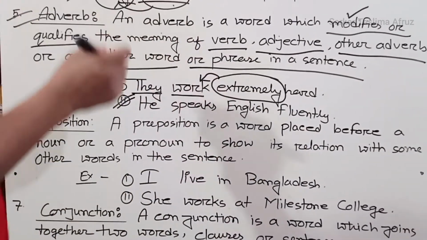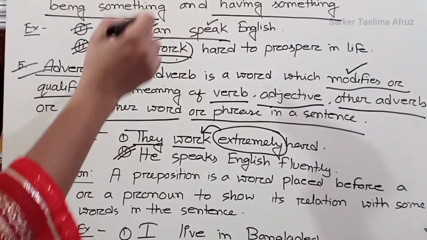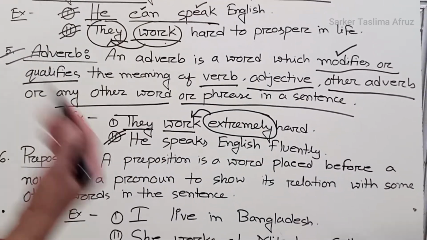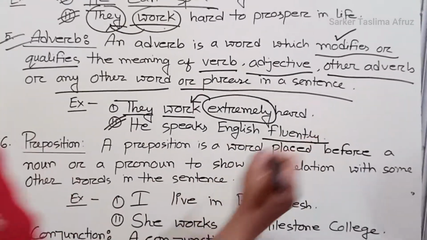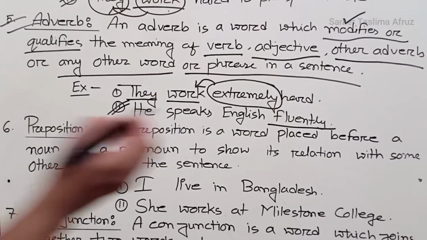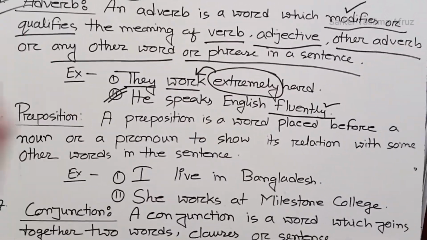In the earlier verb lesson we saw an example, he can speak English. Yes, he can speak English, but how? Here is fluently. That means he can speak, but fluently. That means how a verb works.